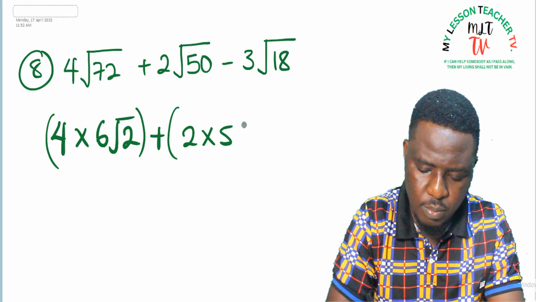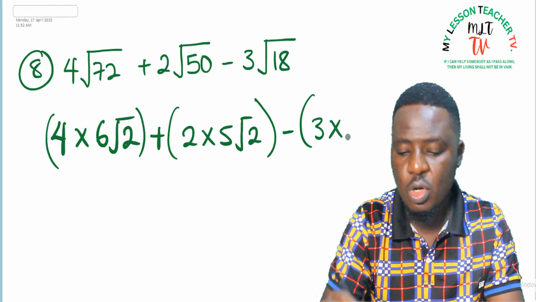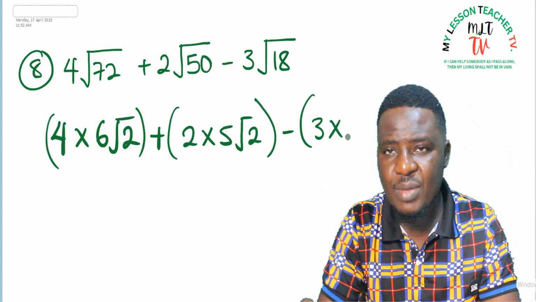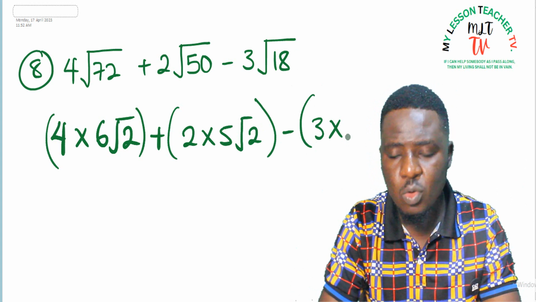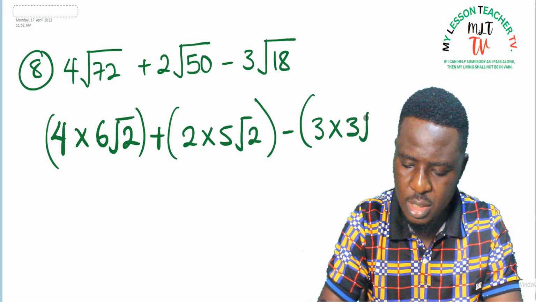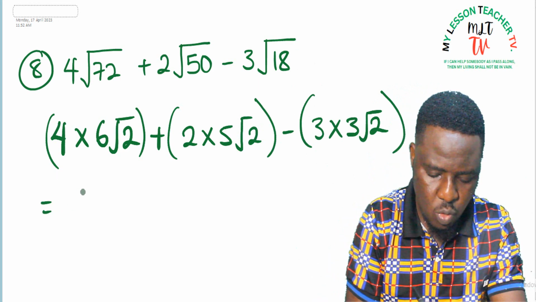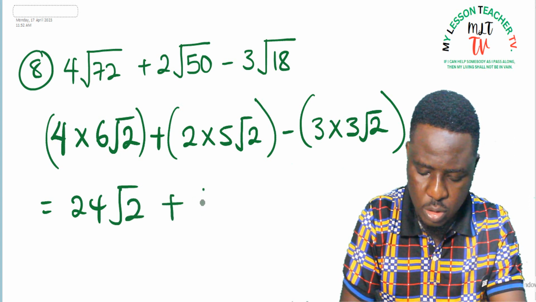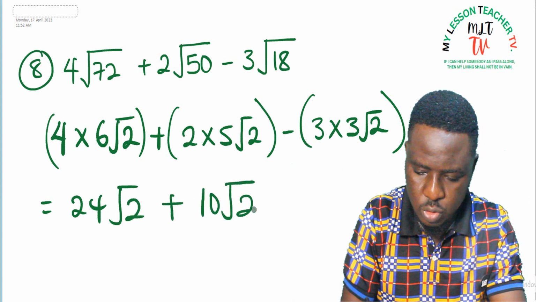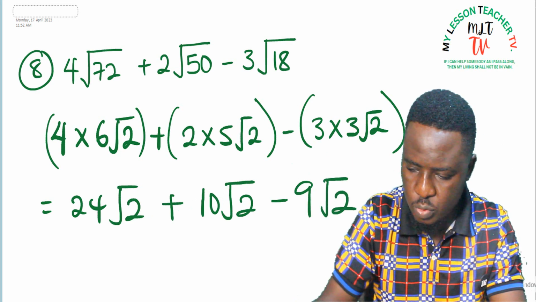So this becomes 2 times 5 root 2 minus 3 times root 18 can be expressed as root 9 times root 2, and that becomes what? 3 root 2. So this is 3 root 2. Now you simplify further. This is equal to 24 root 2 plus 10 root 2 minus 9 root 2.